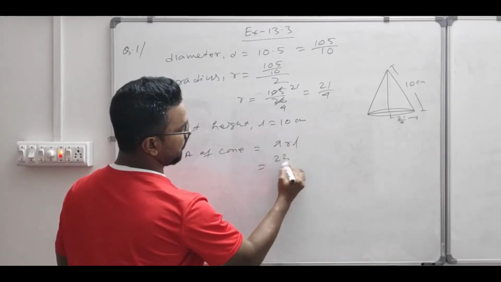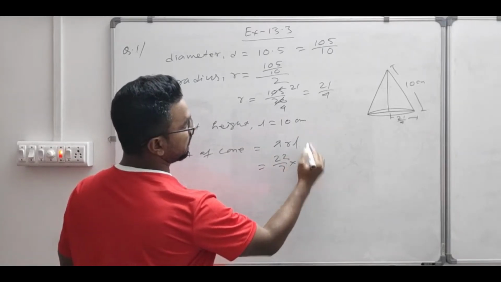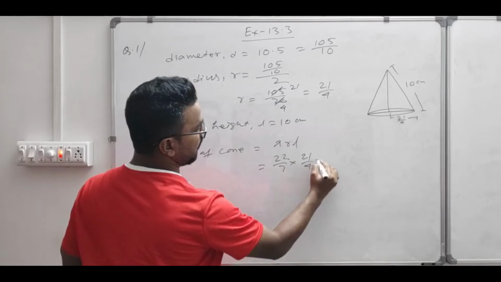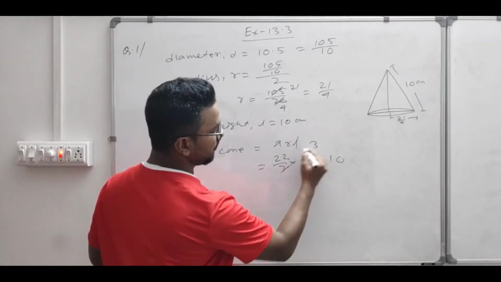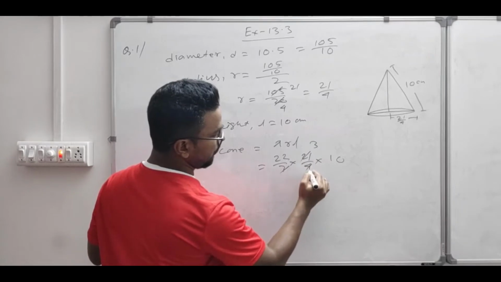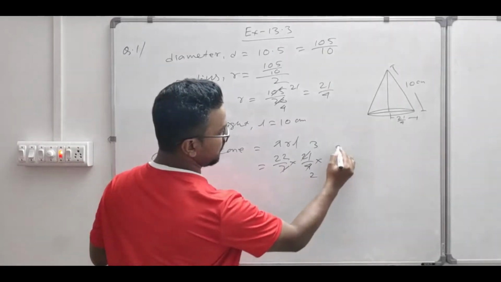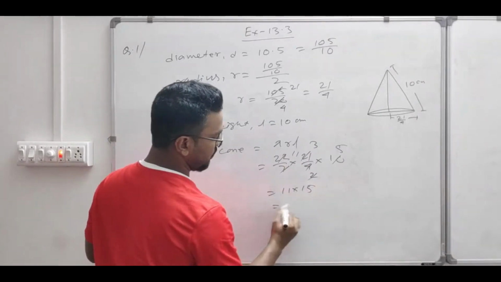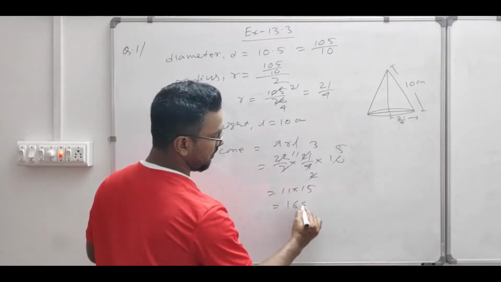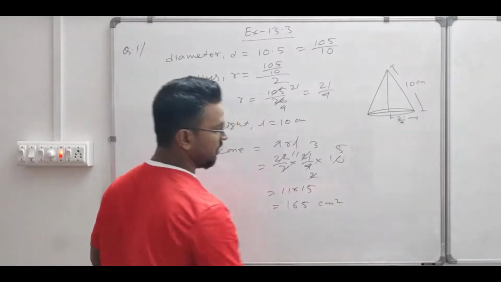So pi is 22 by 7, r is 21 by 4, and slant height is 10. So you can cancel this. 3 and 2 2s are 6, 2 5s are 10, 2 11s are 22. So 11 into 15. If you multiply you will get 165 centimeter square.